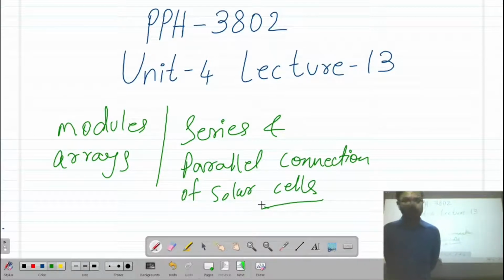Now in today's lecture we will see some of the mismatch in cell and modules.